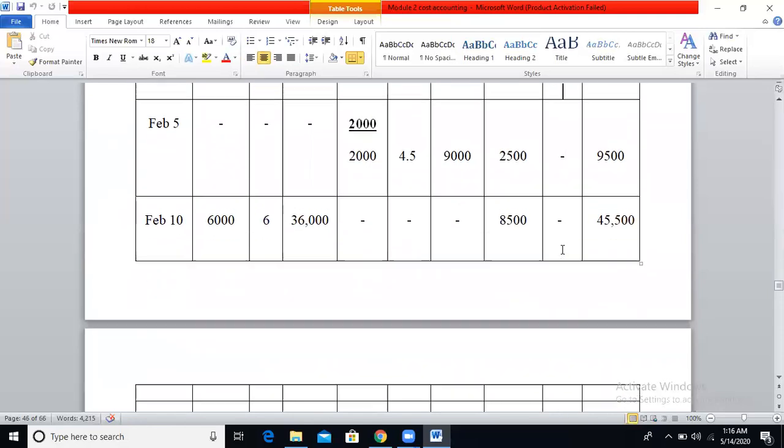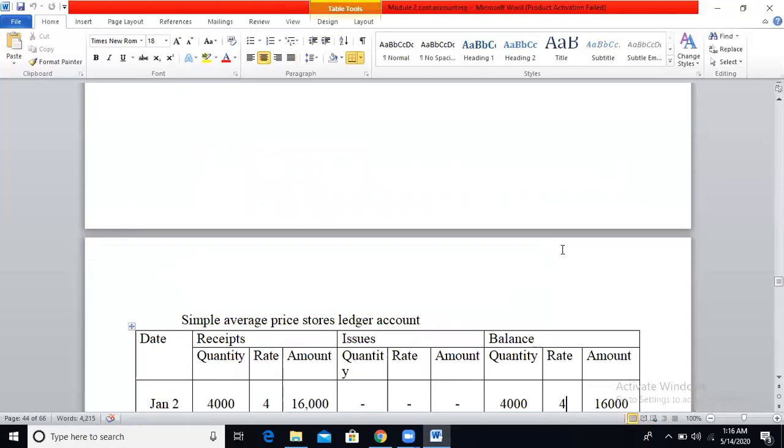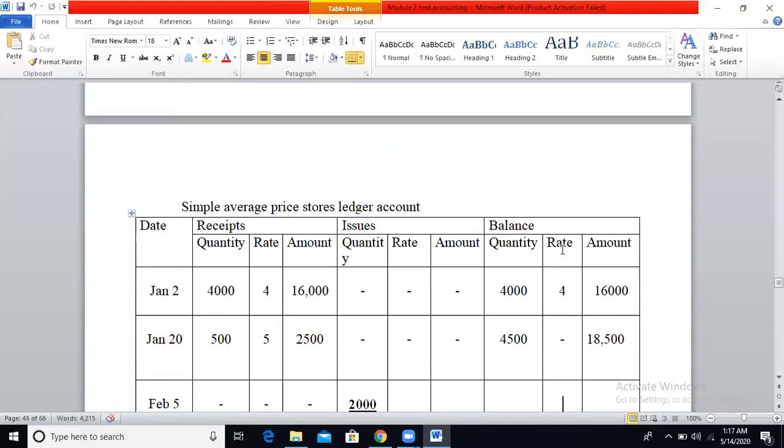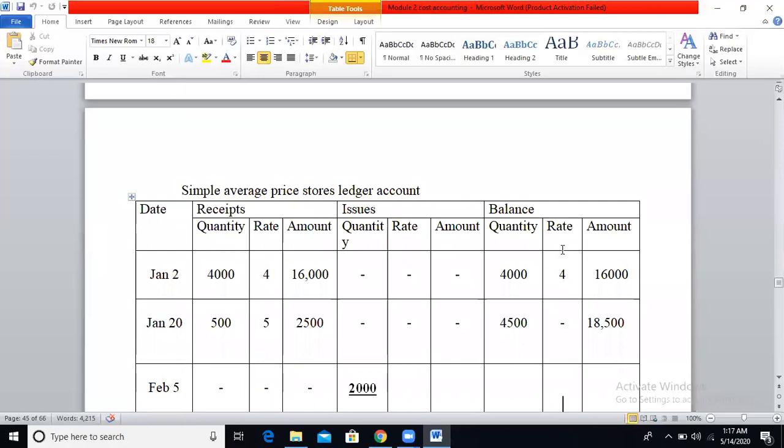So in case of simple average price method, only for the first transaction you will write the price. For all the remaining transactions, in the balance column you will not write any price, because you will not consider which price, you are considering the average price for the issue.